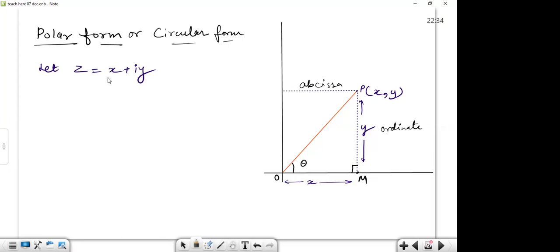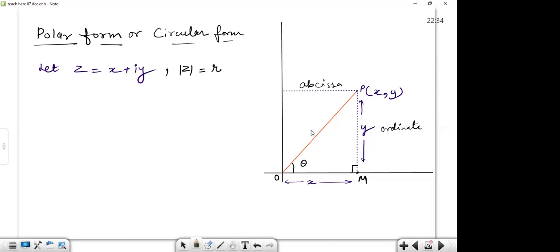Now, what is the length OP here? The magnitude or modulus. Yes, this is the modulus, which is equal to OP.